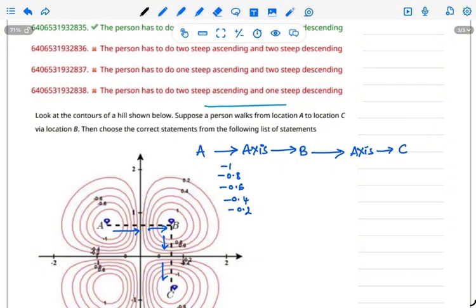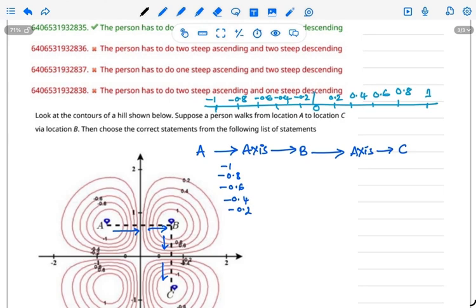In this direction, 0, minus 1 is here and this is plus 1, minus 0.8, minus 0.6, minus 0.4, like that, minus 0.2. Here 0.2, 0.4, 0.6, 0.8 to 1.